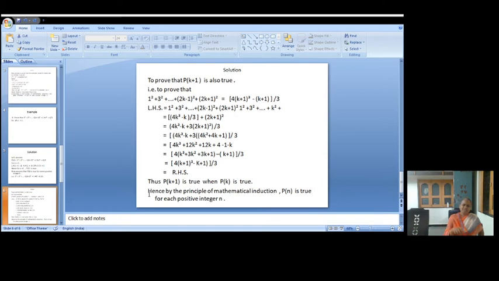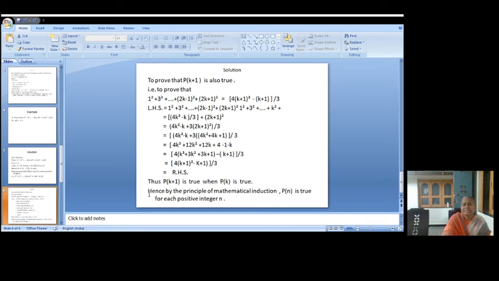That's why we are considering the LHS part. Now here LHS is 1 square plus 3 square plus up to 2k minus 1 bracket square plus 2k plus 1 bracket square is there, and hence, sorry, by mistake there are terms 1 square.